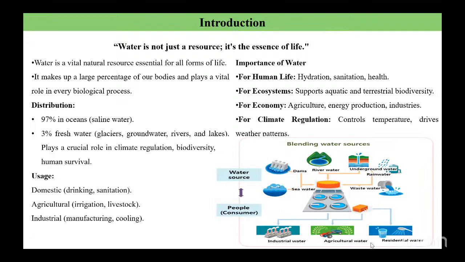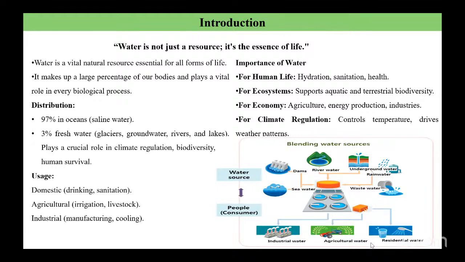Can we just leave it like that without using it? No, we have the desalination process where the salt is removed and filtration can be done in a thorough manner, where salt water can be used as fresh water for recreational or domestic purposes. Further, we will be learning more about it in the further slides.